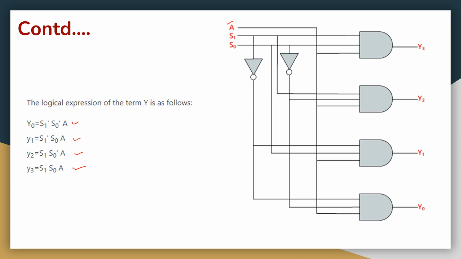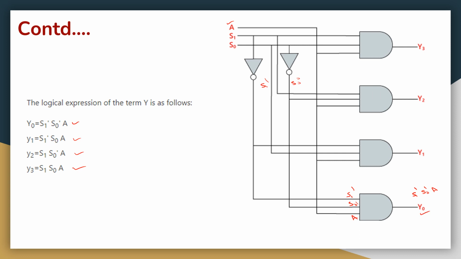We know y0 is S1 bar, S0 bar, A. So here it is A. Next, S1 bar, S1 bar is this one. Next it is S0 bar. So S1 bar, S0 bar, A. So then we can get Y0.